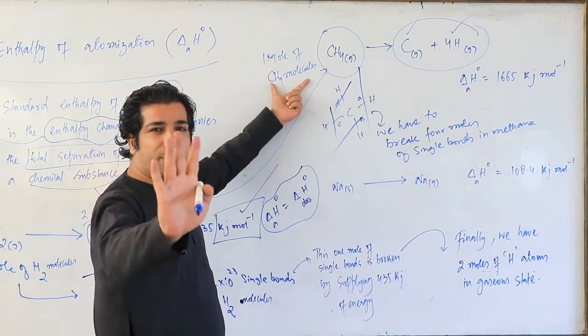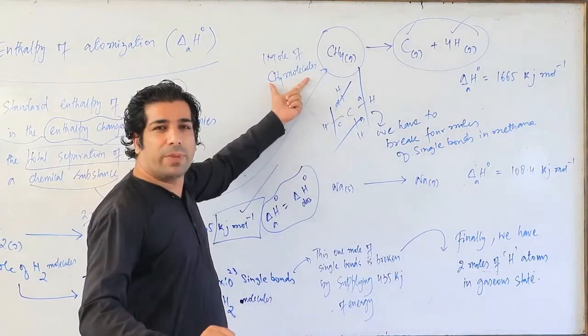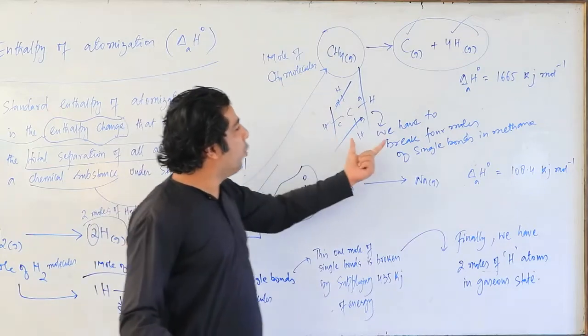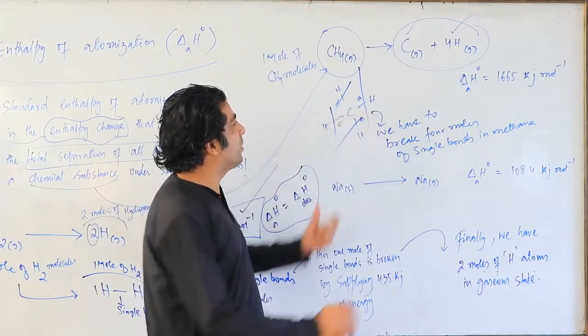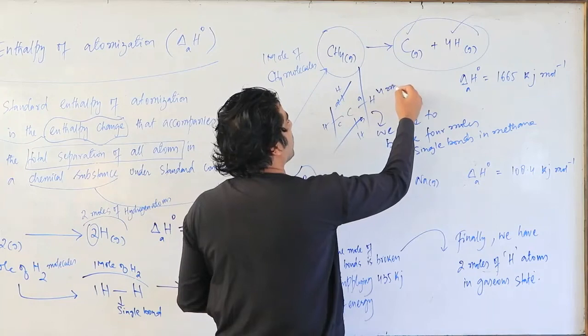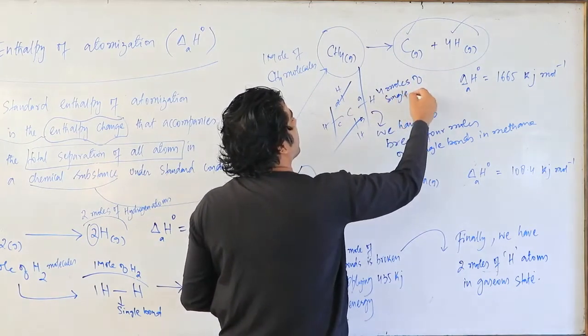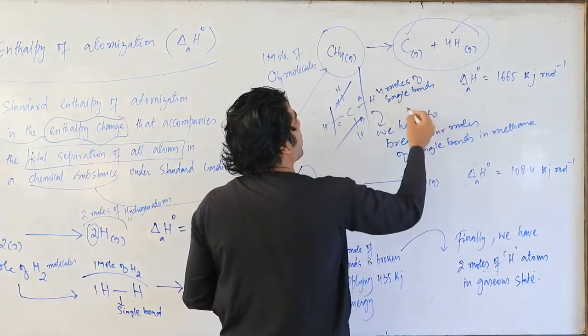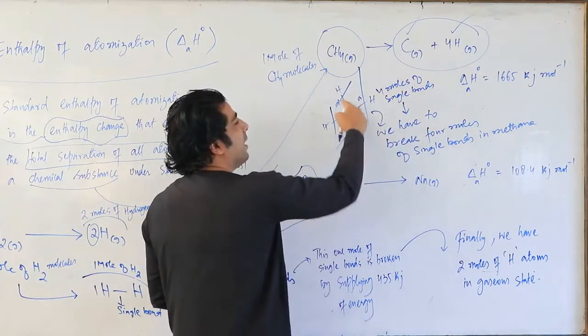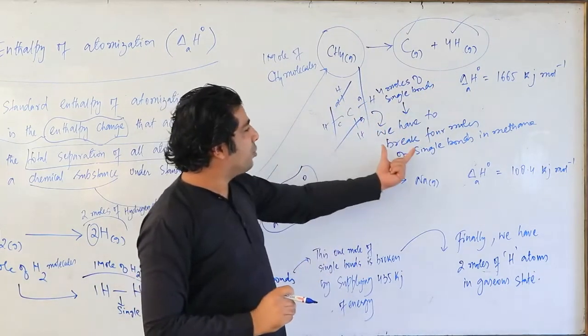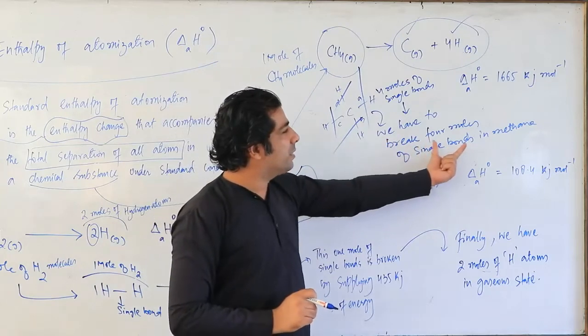Every molecule has 4 bonds. So 1 mole of methane molecules will have 4 moles of single bonds, which are A, B, C and D. Correct? We have to break 4 moles of single bonds in methane.